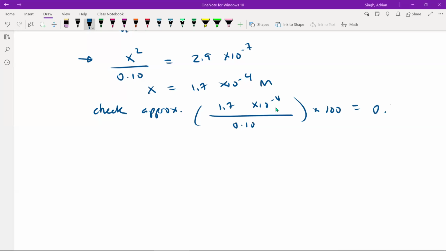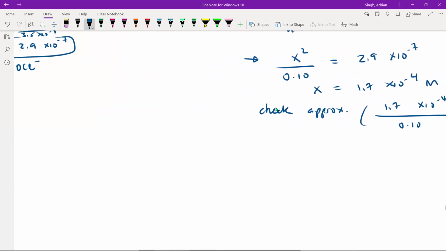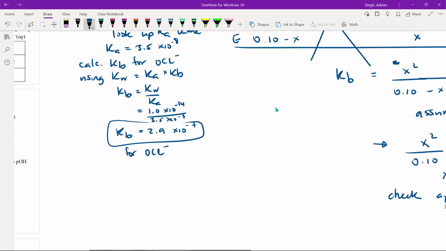That gives us 0.17%. That's less than 5%, so our approximation is valid. So we have X equals 1.7 times 10 to the minus 4.